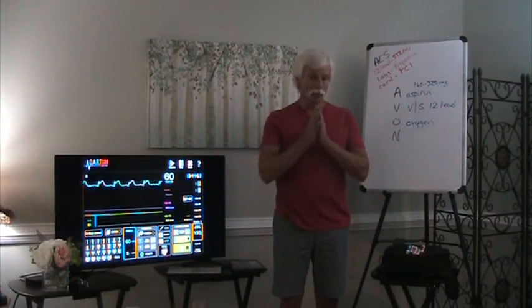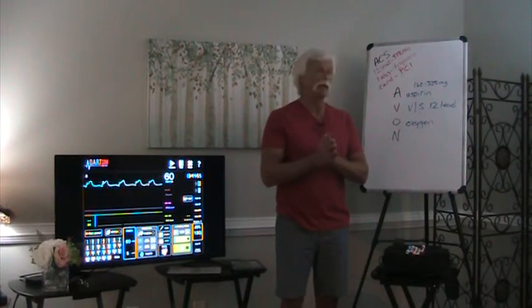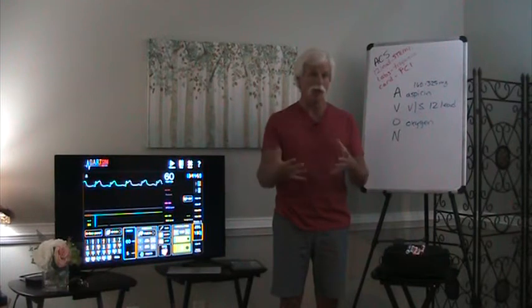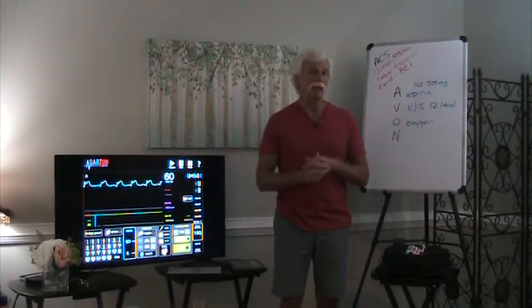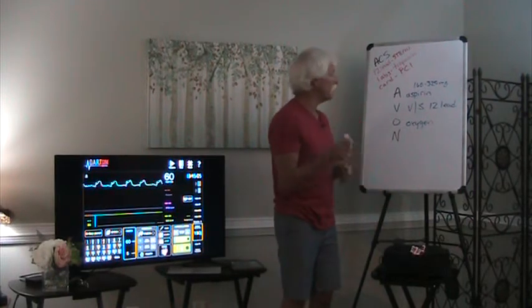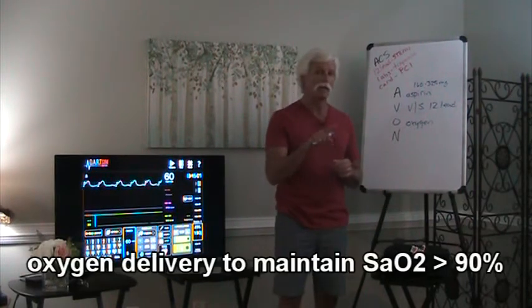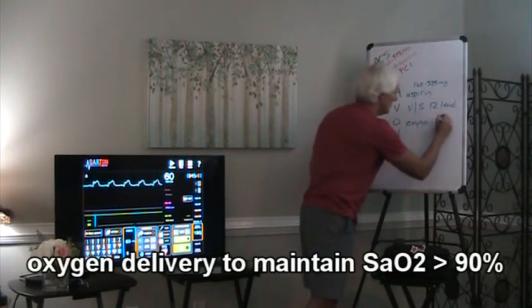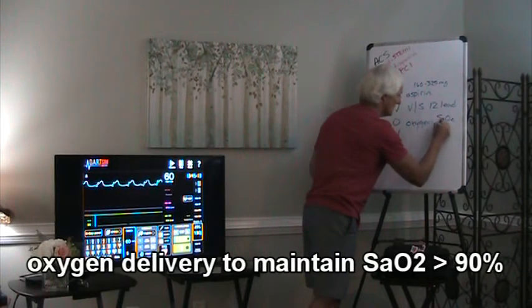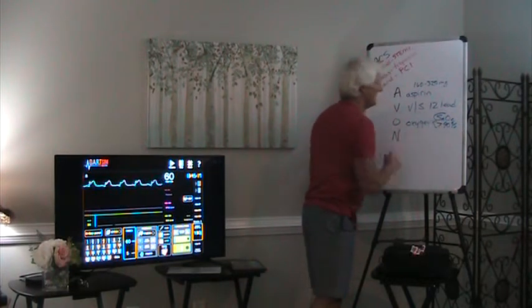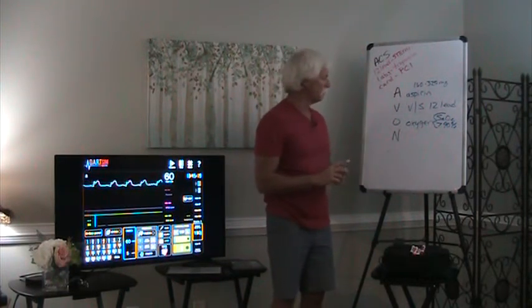Studies have very conclusively and repeatedly shown that high levels of oxygen are producing larger infarctions in patients' hearts and more frequent dangerous arrhythmias. So for that reason, the current protocol recommends that oxygen be given only to maintain pulse ox above 90%. So we're trying to maintain pulse oxes above 90%.